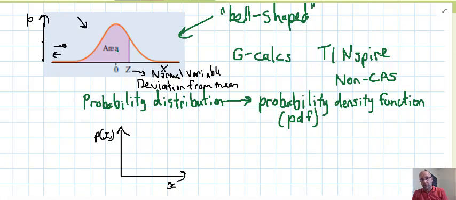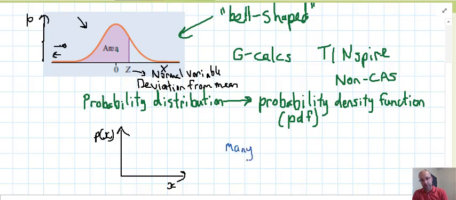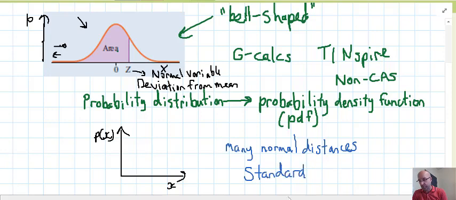Okay. When we say the normal distribution, well, there's actually many normal distributions. We can change things like the mean and the standard deviation. So there are many types of normal distributions. There's one particular key one called the standard normal distribution. That's an important one for this video, and it's just an important one full stop.